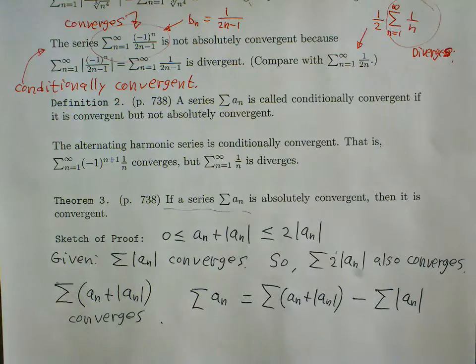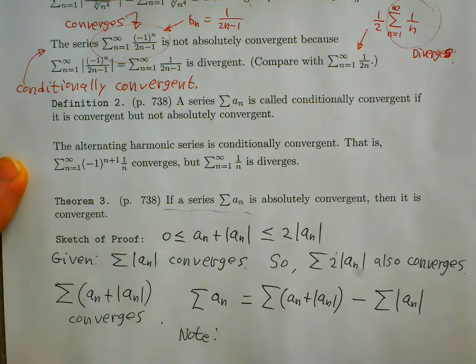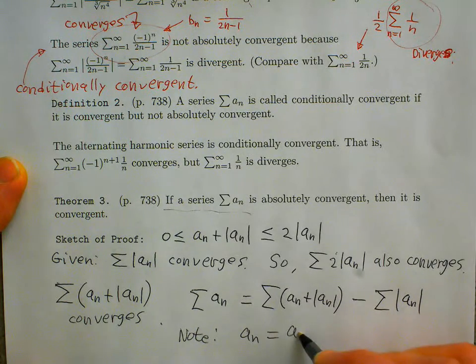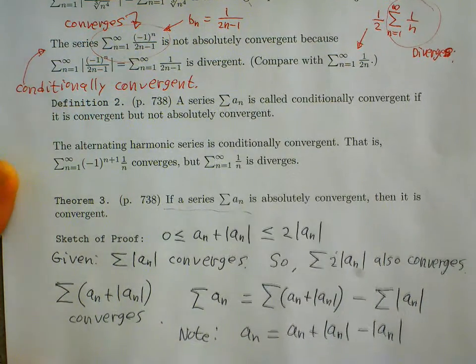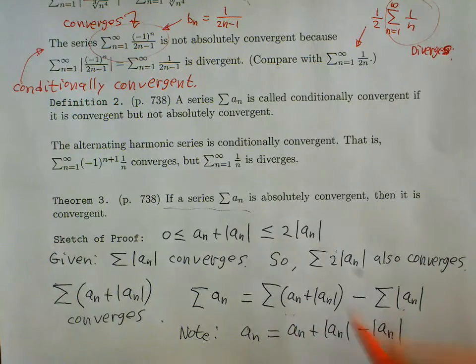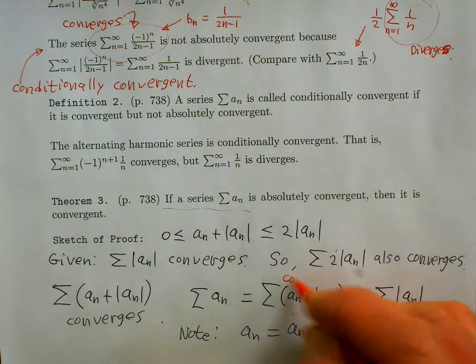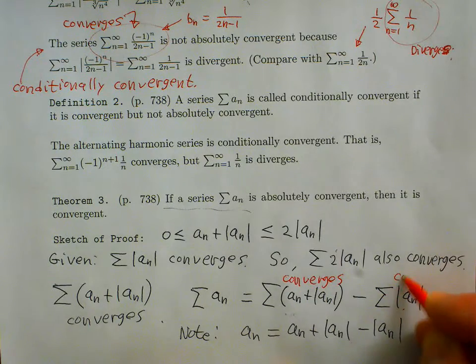Okay, for all n, we note that a sub n is equal to a sub n plus the absolute value of a sub n minus the absolute value of a sub n. So we're no doubt all in agreement about that. But since these 2 series are known to be convergent, this one converges and this one converges.